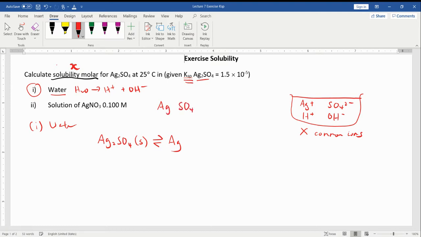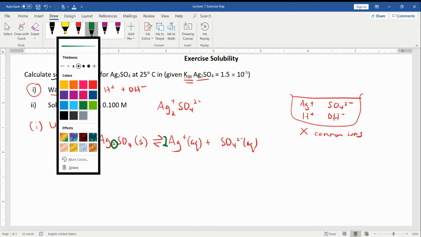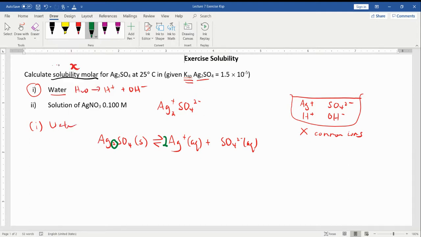Silver: to get 2 here means 2 negative, then this one is 1, so this is positive. Silver positive plus sulfate ion, and don't forget to balance, 2 for silver ion.